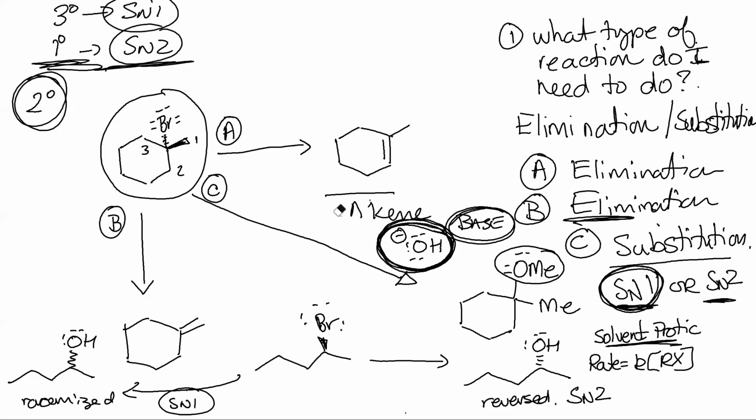We would change this to match. So methanol would be the solvent because it's still a polar protic solvent, and it would also be the nucleophile. So we still have an oxygen nucleophile which could attack that carbocation. And the intermediate right before the final product would be formed would be this.